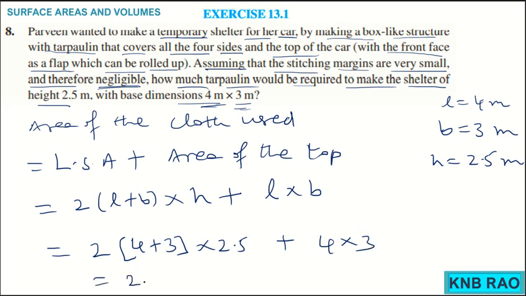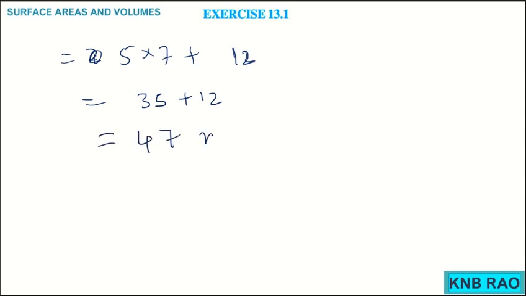Now 2 into 7 into 2.5 plus 12, that is 5 7s are 35 plus 12 gives you 47 meter square.